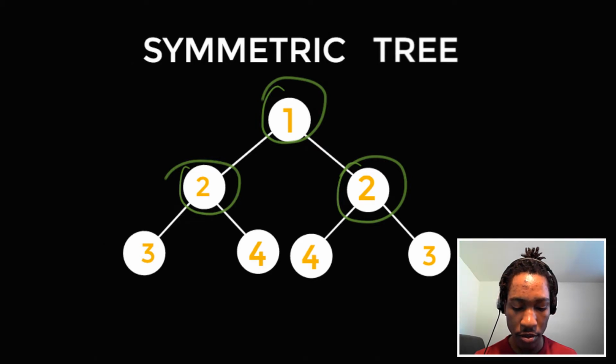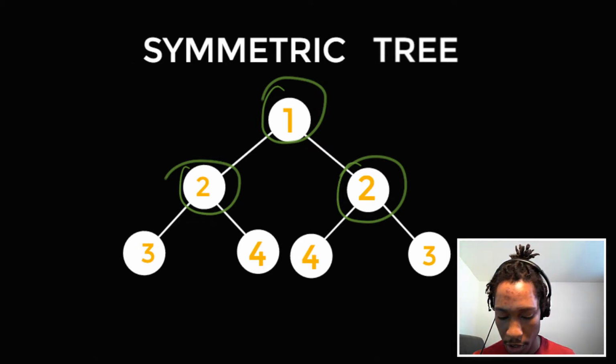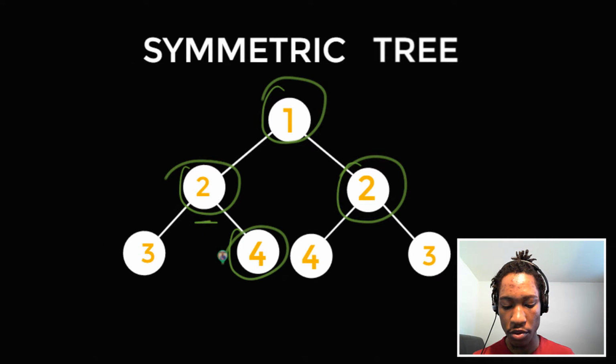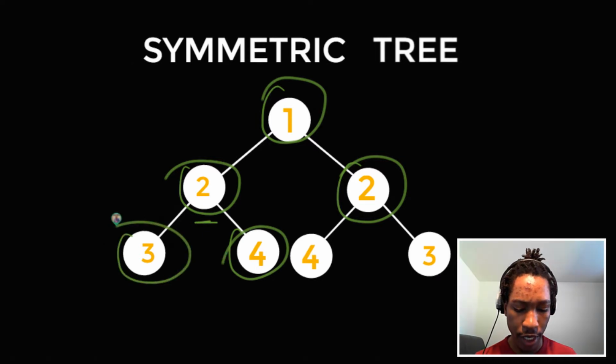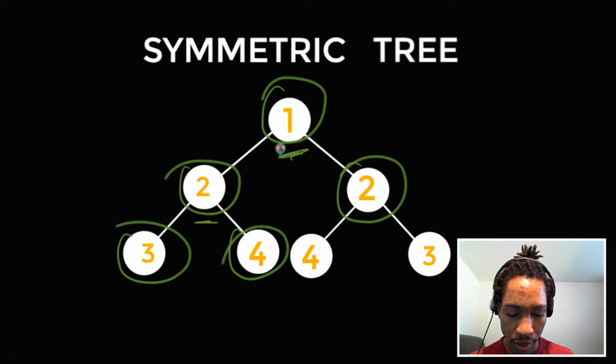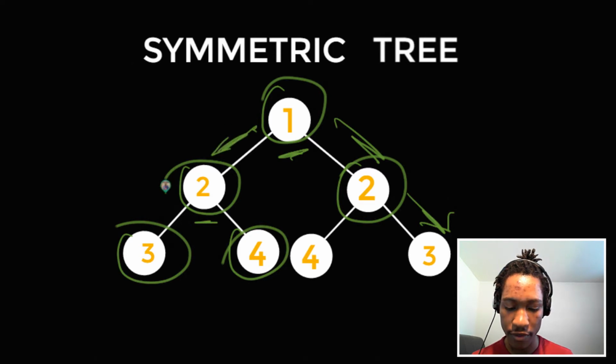And then let's take a look at the other nodes. So for this node, which is not the root node, we see that its right child's value is not equal to its left child's value. But oh wait, we see that this node's right child's value is equal to its left child's value.